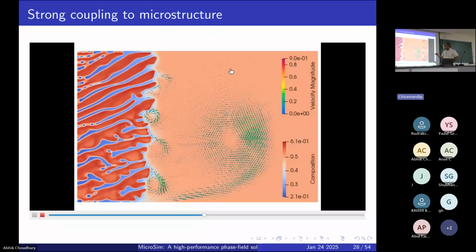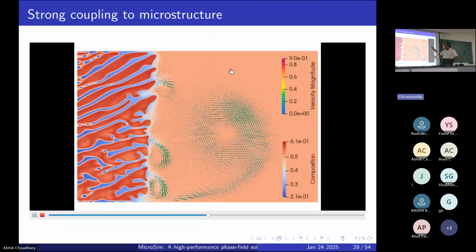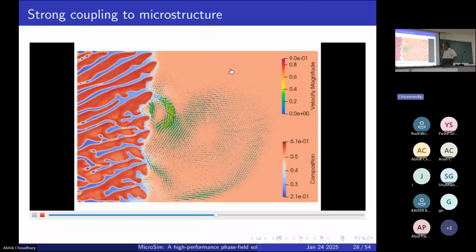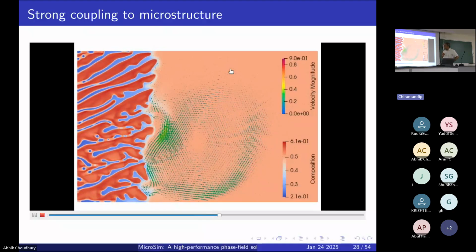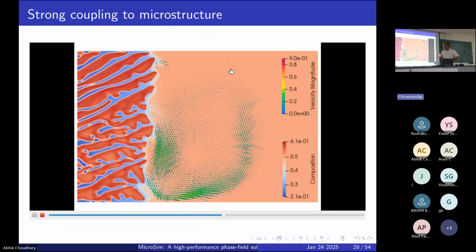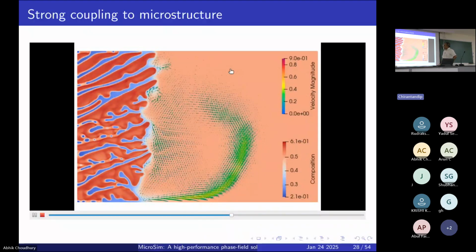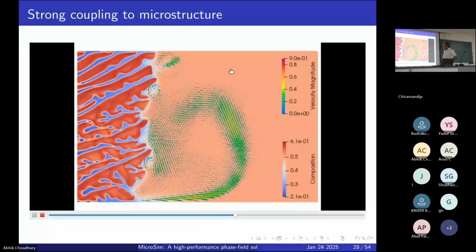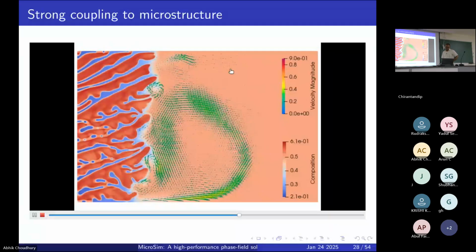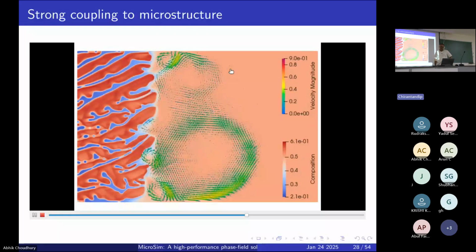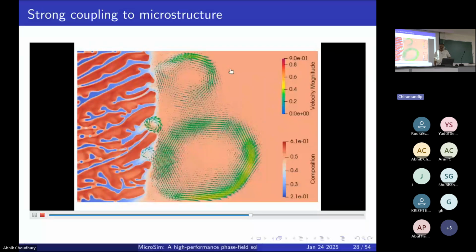So this is a kind of simulation where on the left hand side the solidification is happening with multiple components, up to 10 elements. And on the right hand side, you have got a liquid in which the fluid flow is taken into account using the lattice Boltzmann method. This kind of coupling makes these very expensive simulations in terms of computation.